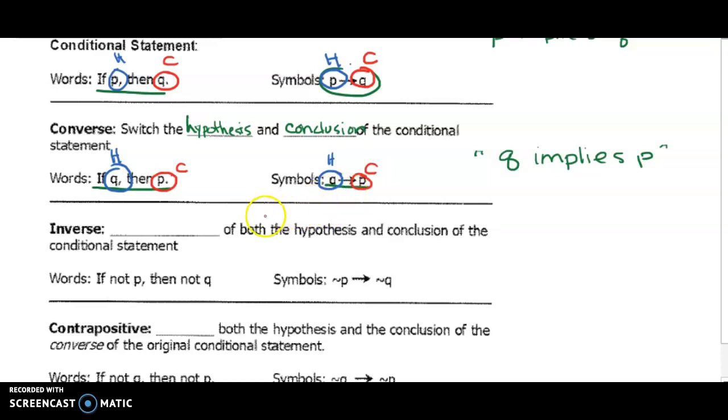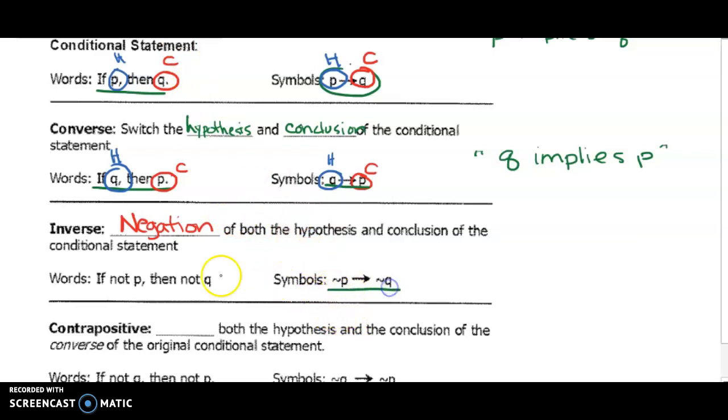All right, let's go to inverse now. So for the inverse, we're no longer flipping the hypothesis and the conclusion of the conditional statement. What we're doing is negating both the hypothesis and conclusion. I probably should have written, let me redraw that, negation. So negation of both the hypothesis and the conclusion of the conditional statement. So once again, in mathematical terms, here we are.